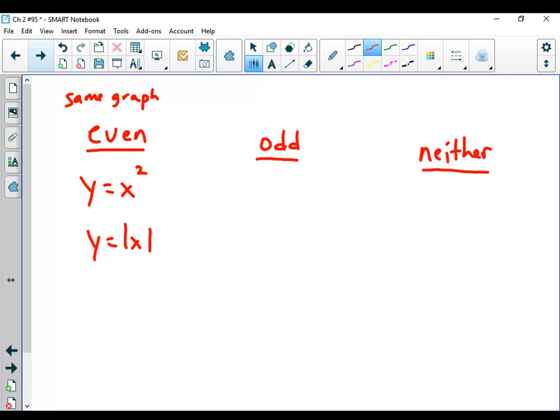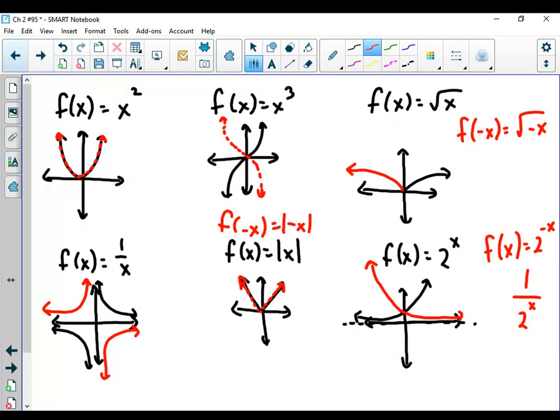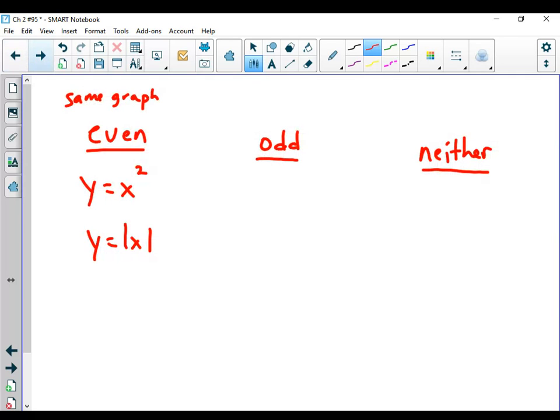All right, odd functions. Well, odd functions will be the ones where when I reflect it over the y-axis, I end up with a graph that is actually also reflected over the x-axis. Because when I have an odd function, this happened: f of negative x equaled the opposite of f of x.